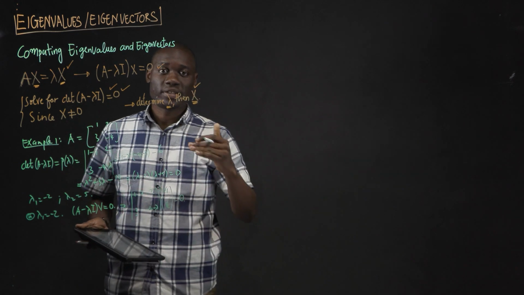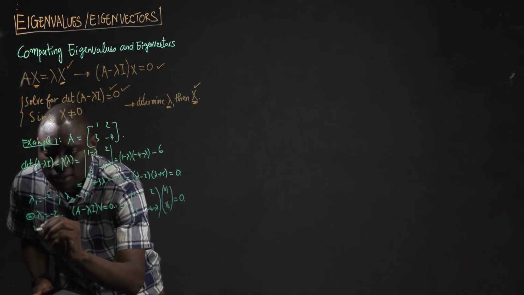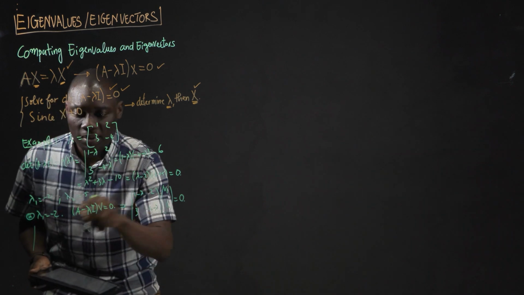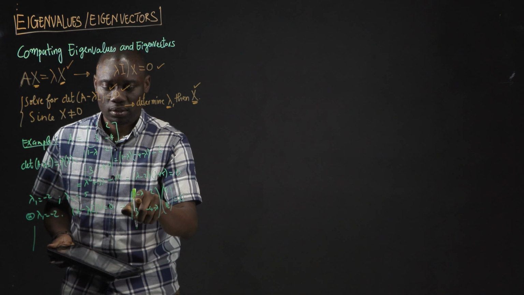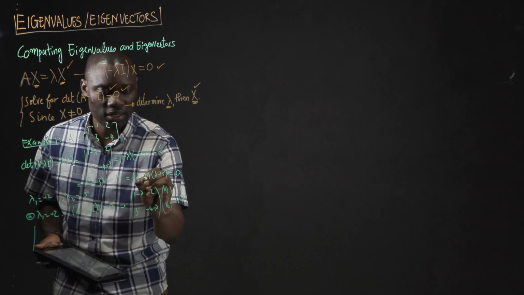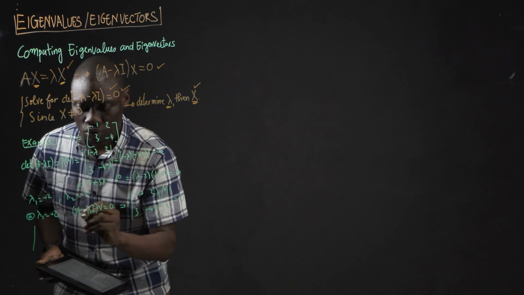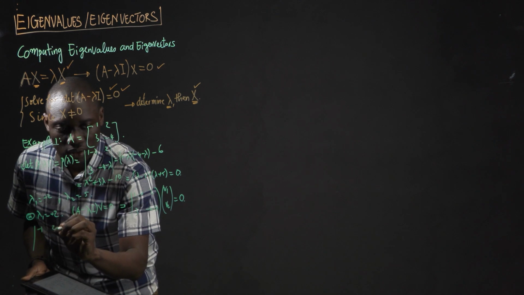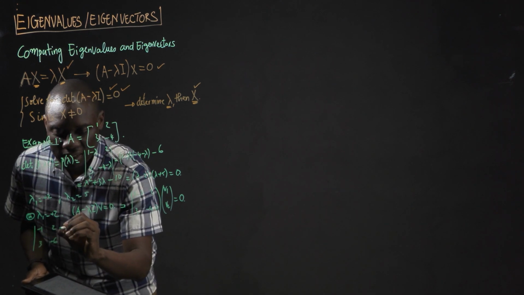So writing this in an echelon form, lambda 1 is 2, as you can see here, so I have 1 minus 2, which is minus 1, then 3, 2, and minus 6.